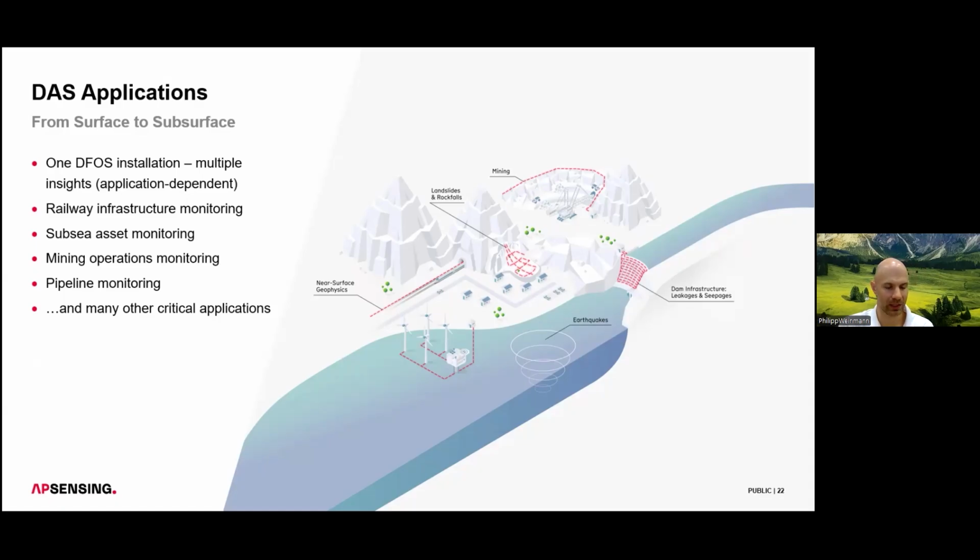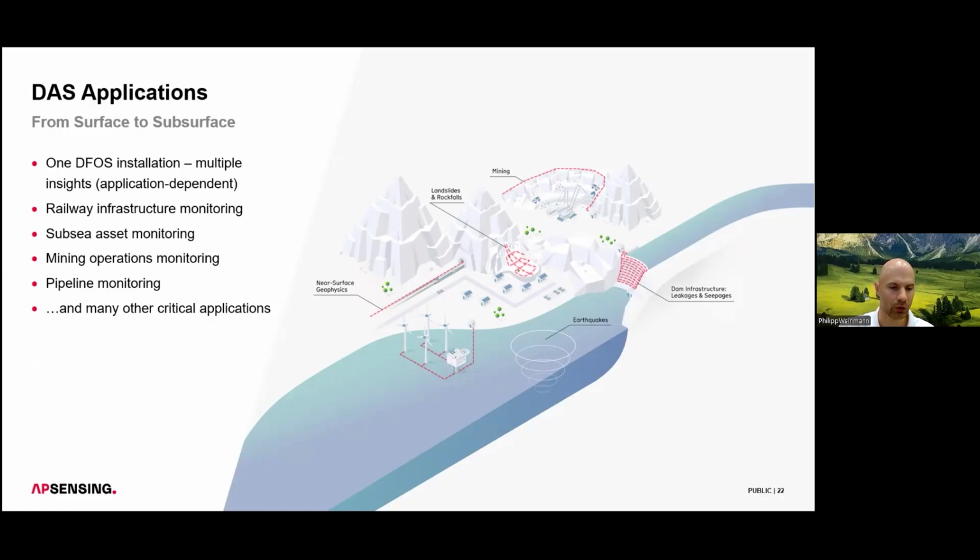And it's not always that one DAS system installation serves only one purpose; you can actually use the same DAS system for many insights. One example is that you can use existing fibers right next to a rail track, of course for monitoring the train tracks, but also for doing geoscience, namely monitoring whether sinkholes are occurring below the train track.